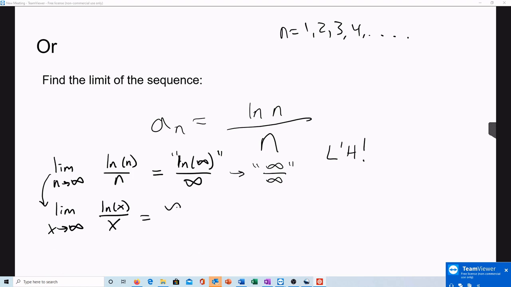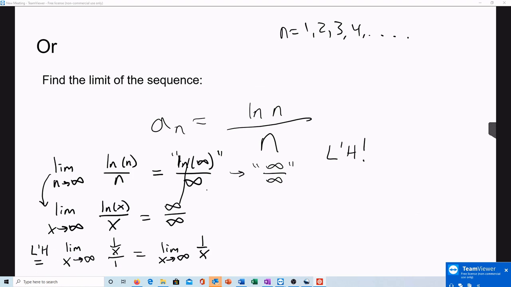Now, again, we still get infinity over infinity, so then we can use L'Hopital's rule and write this as the limit as x goes to infinity of, now take the derivative of natural log, that's 1 over x. The derivative of x is 1, so that's the limit as x goes to infinity of 1 over x, which we just know, and again, you can just use this as a fact.